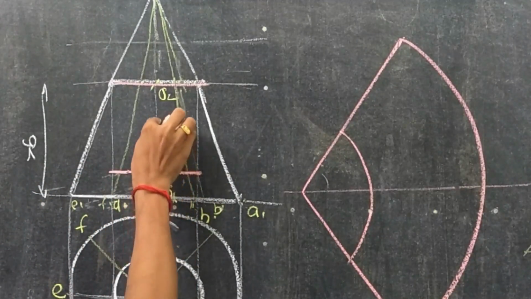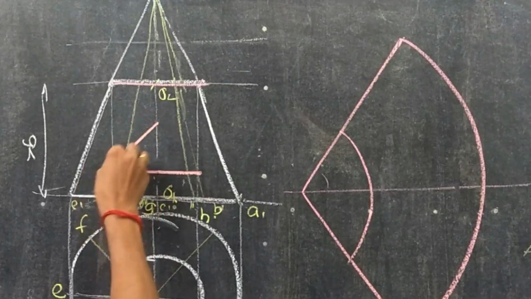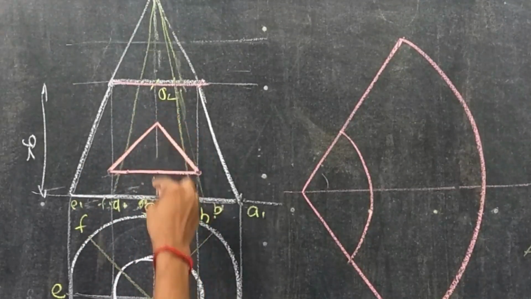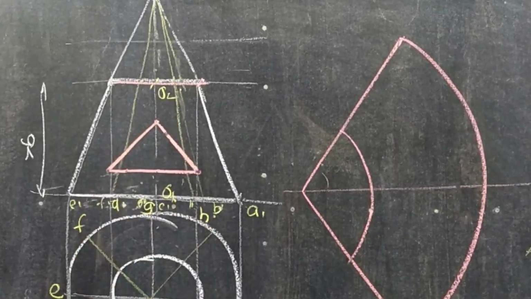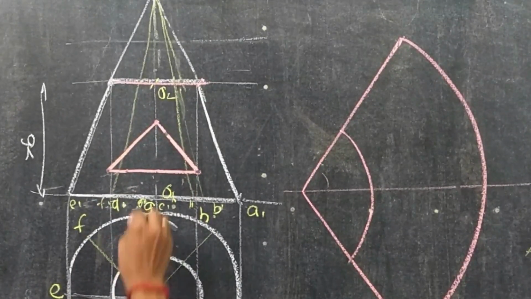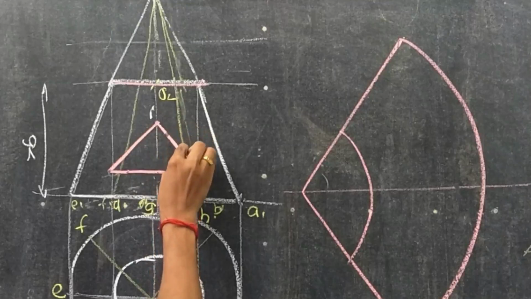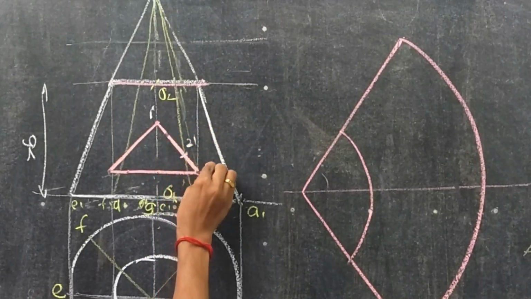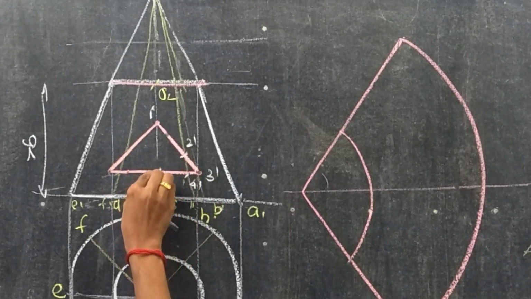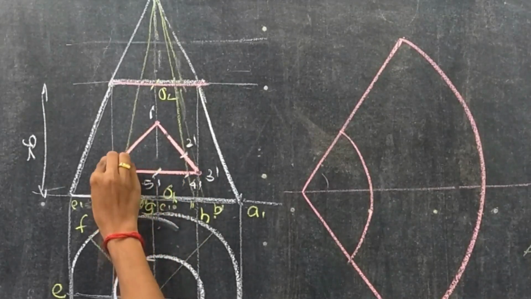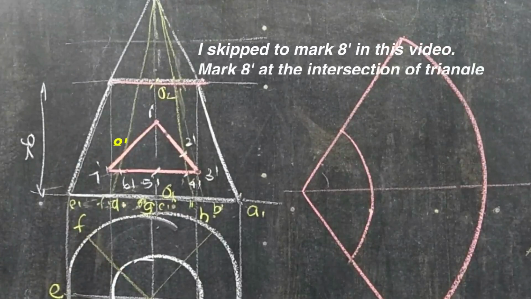The height is 45 and base is 75. Now mark these points as 1 dash, 2 dash, 3 dash, 4 dash, 5 dash, 6 dash and 7 dash.